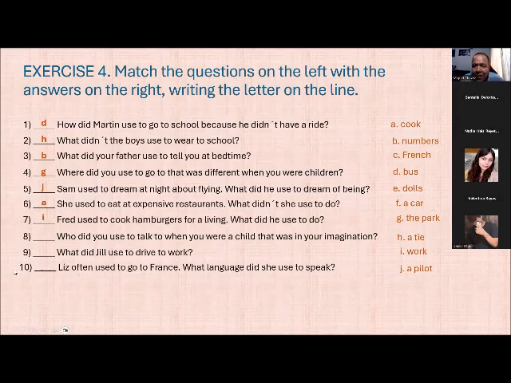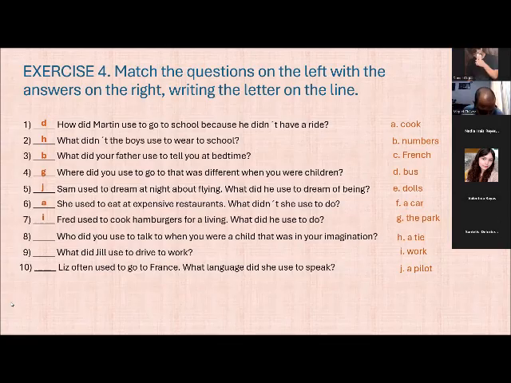Then number 8, please. Who can help us with number 8? A volunteer for number 8. Please, Daniel.